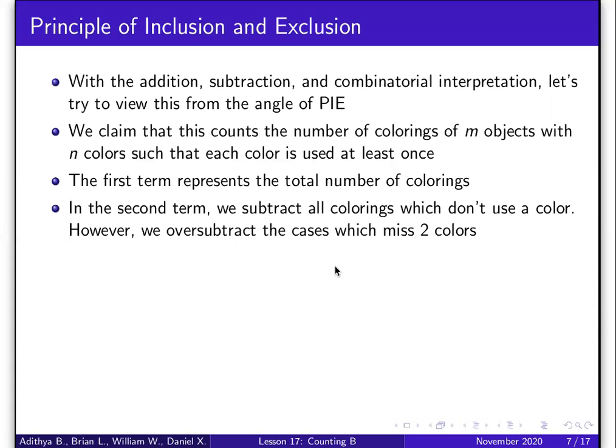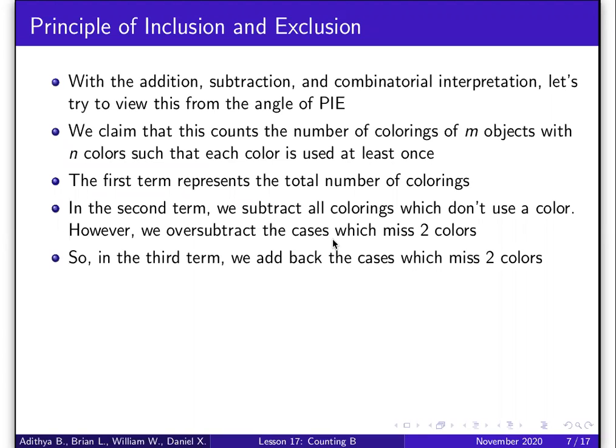But we over-subtract the cases which miss 2 or more colors. It's going to get subtracted once for the first color it's missing, and then subtracted again for the second color it's missing. Actually, it might be subtracted a lot more than that. But anyway, it gets over-subtracted, and we're going to need to add it back. So the plus sign in the third term means that we're adding back the over-subtraction.